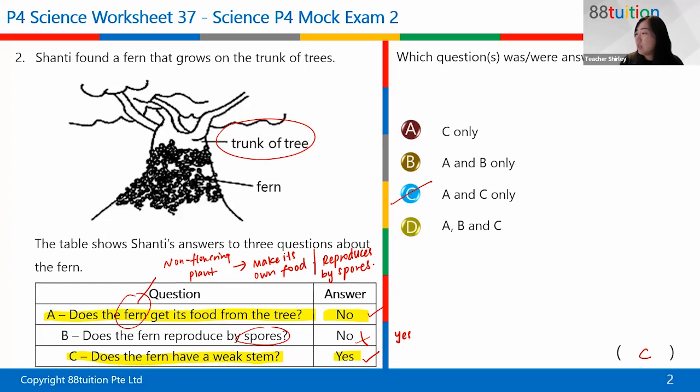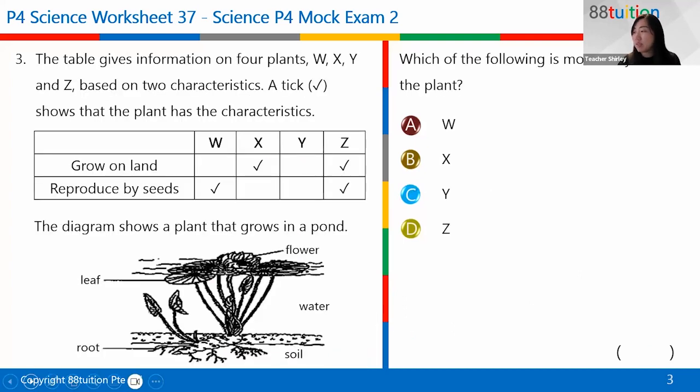Are we good? Okay, now next one. The table gives information on 4 plants, W, X, Y, and Z, based on 2 characteristics. A tick shows that the plant has the characteristic. Okay, which of the following is most likely to be the plant?